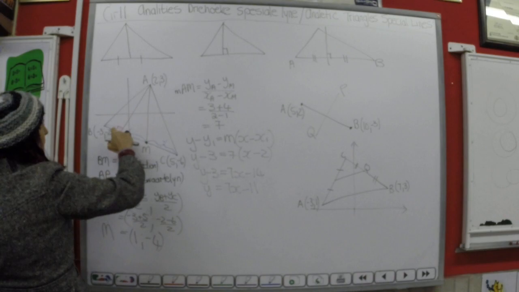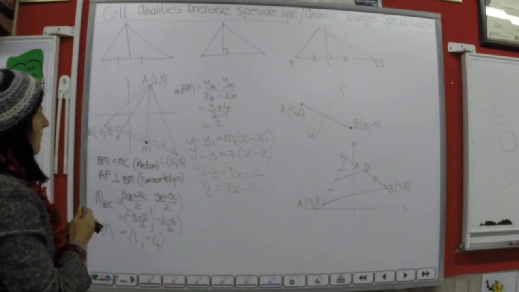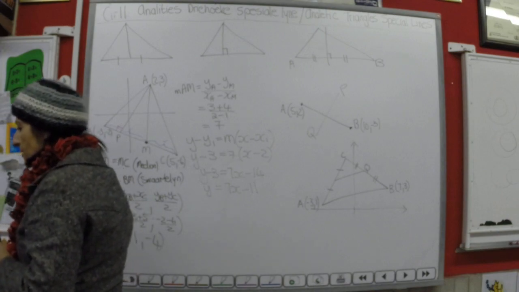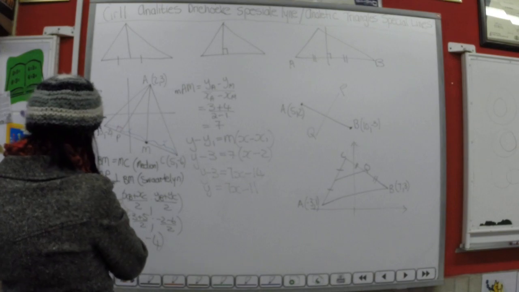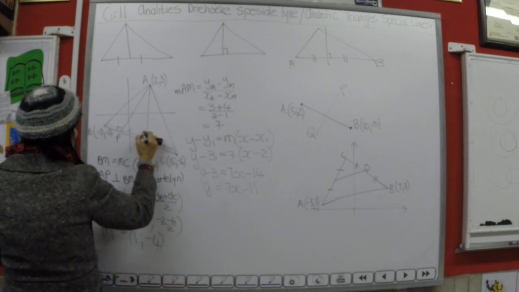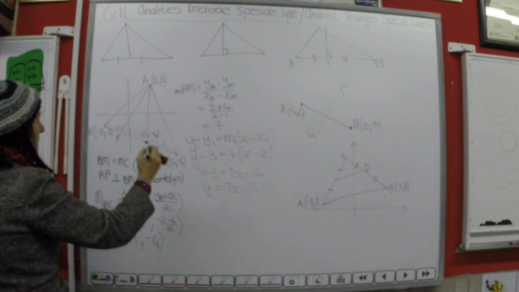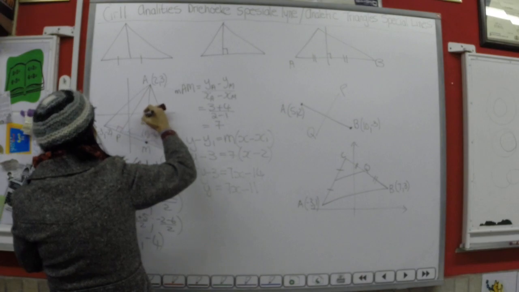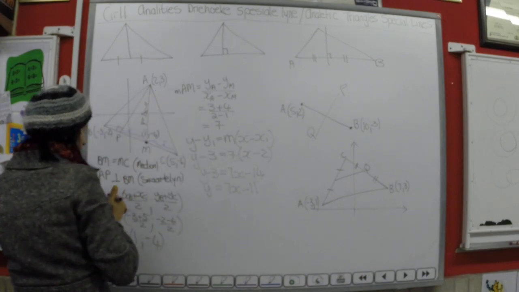of this altitude AP. Ons wil die hoogtelyn AP se vergelyking kry. So kom ons gaan doen nou dieselfde. Ons het vir M, kom ons skryf net M se koördinate eers hierso neer, voor ons dit vergeet. Dis 1 en minus 4. Vergelyking van hierdie lyn is Y is gelyk aan 7x minus 11.